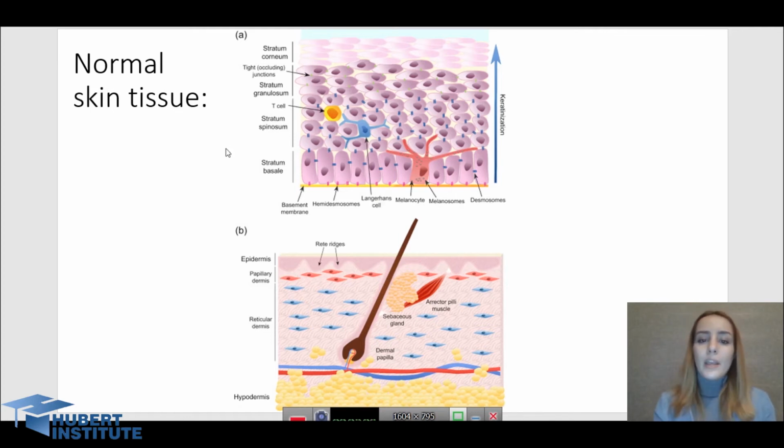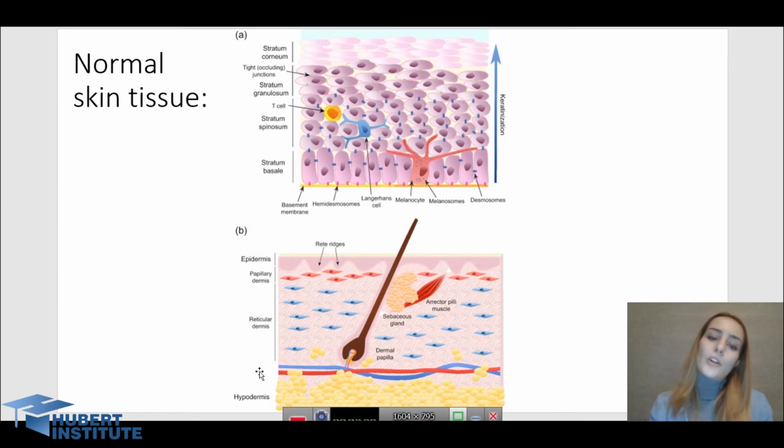Here you can see this picture is a drawing of the tissue of our skin. We can see that the skin is divided into three important parts. The first one is the epidermis, the most superficial layer of our skin.